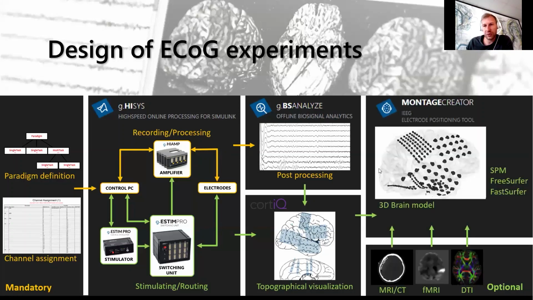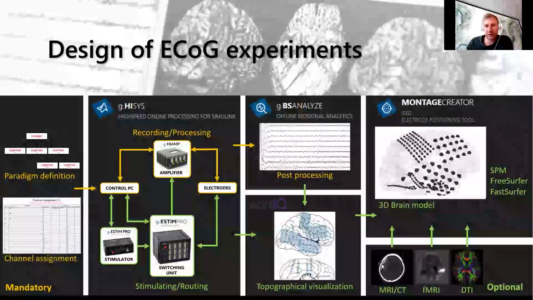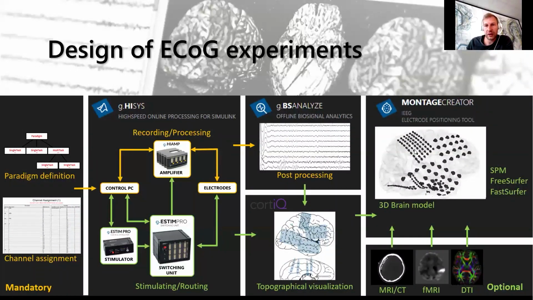This can be further improved by utilizing medical imaging to localize the sensors directly in the patient's brain. For that purpose, we have a pre-surgical MRI and a post-surgical CT, and optionally fMRI and tractography DTI imaging can also be used.